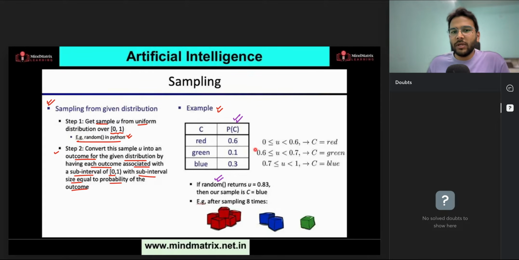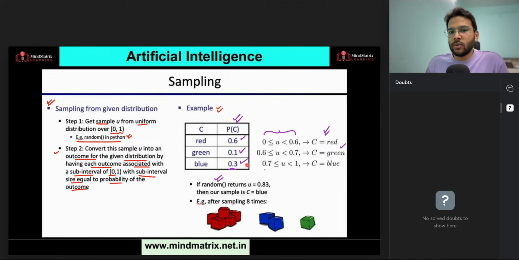So let's understand it this way. The probability of red is 0.6, so we have distributed the interval from 0 to 0.6 as red, right? Then 0.1, so from 0.6 to 0.7, including 0.6, is for green, and for blue, which is 0.3, it is from 0.7 to 1. If you take the difference of these values, it will be the same as the probability of the color being red, green, or blue.